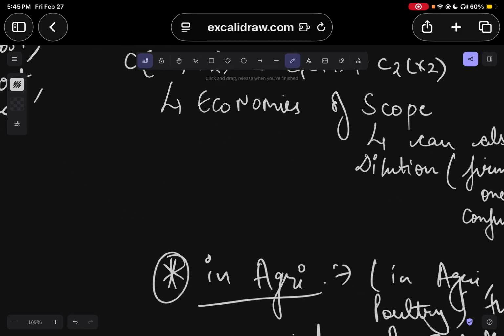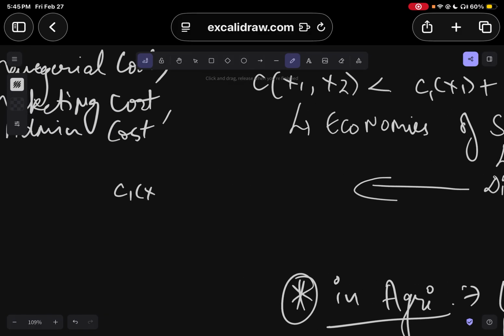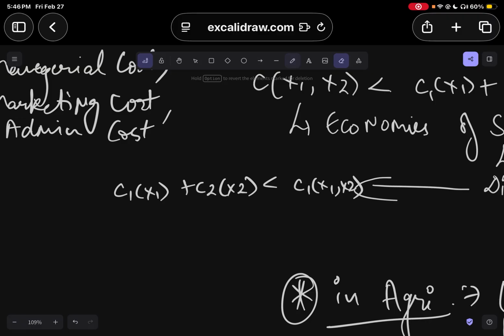So in this scenario, C1(x1) plus C2(x2) is smaller than C(x1, x2) combined, which shows there is no economies of scope. If the firm experiences economies of scope, then its average cost of production will fall and the average cost curve will shift downwards.